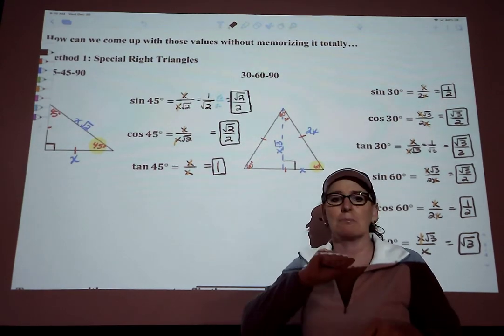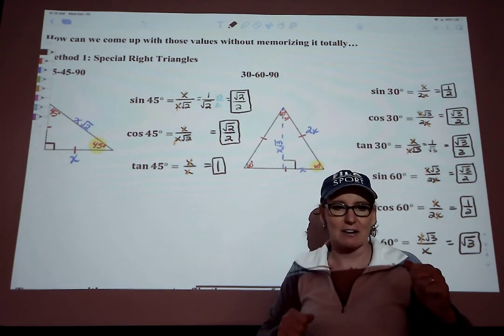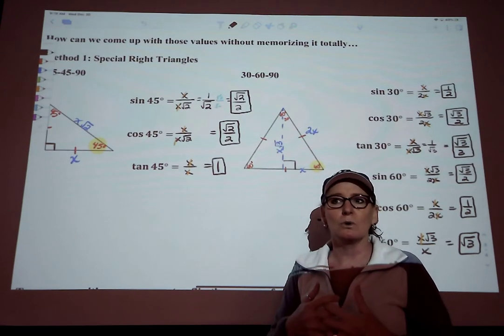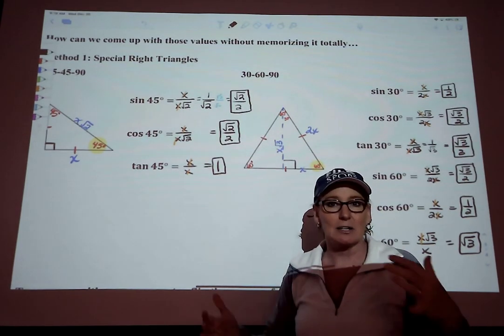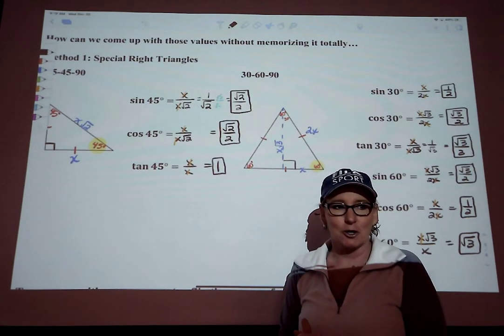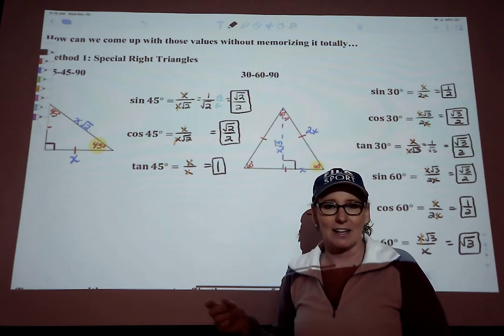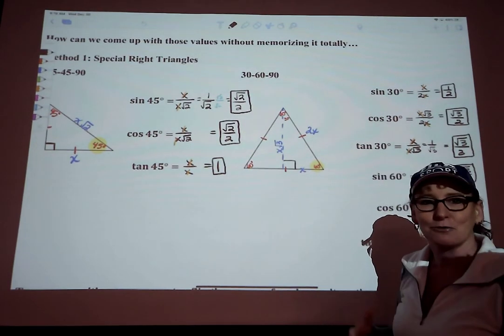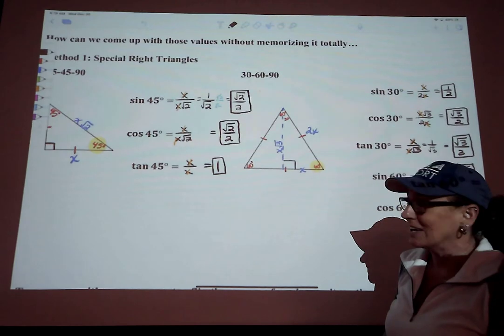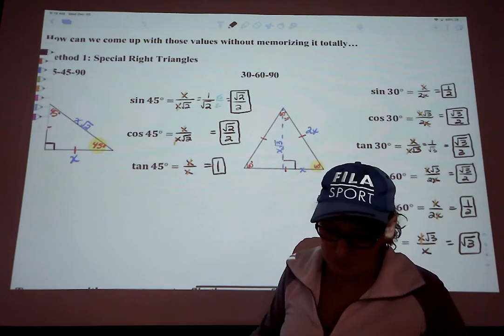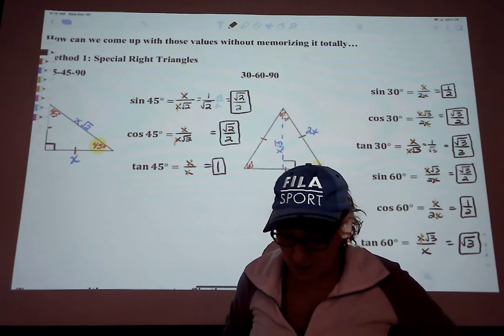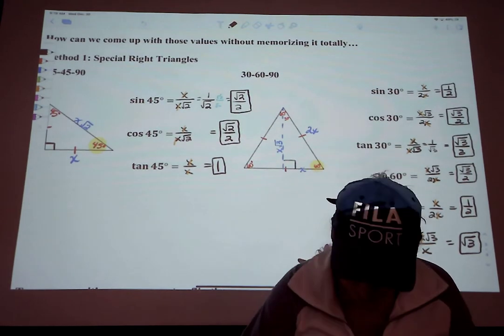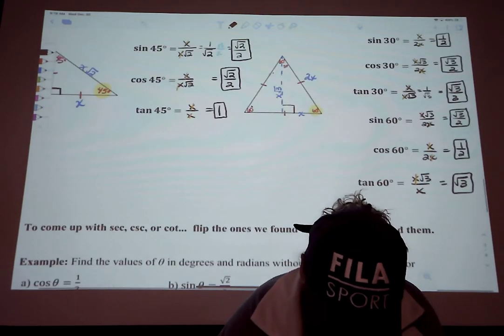You don't have to start making flashcards and doing all that stuff. We'll show you several cool ways to memorize them. And you'll be kind of amazed at how quickly you'll be able to come up with all 9 of those fractions. I just want to throw that out there because it sounds intimidating, but it's not going to be as bad as it seems.